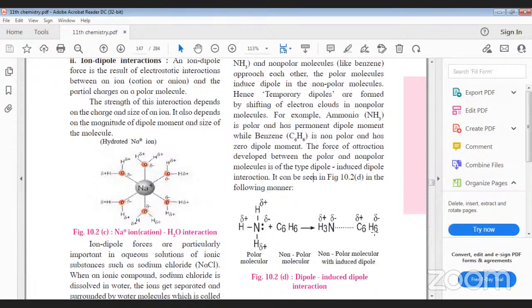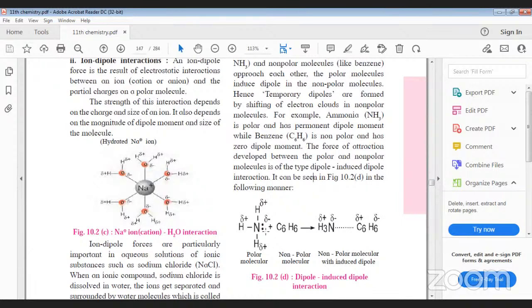Carbon and hydrogen, which were not polar at all, due to the presence of the polar molecule in the vicinity temporarily, carbon showed positive charge and hydrogen showed negative charge. So ammonia is polar and has a permanent dipole moment, while benzene is non-polar and has zero dipole moment.